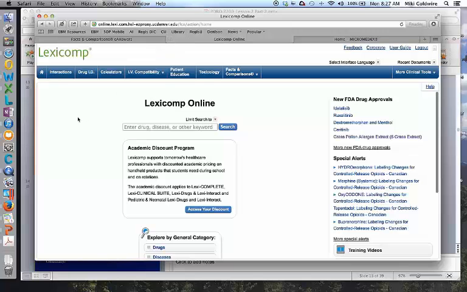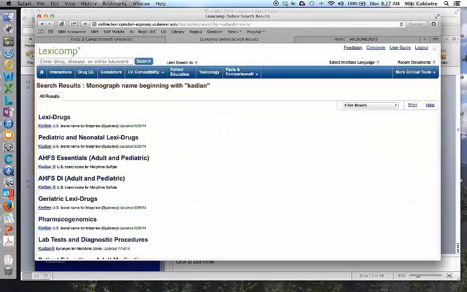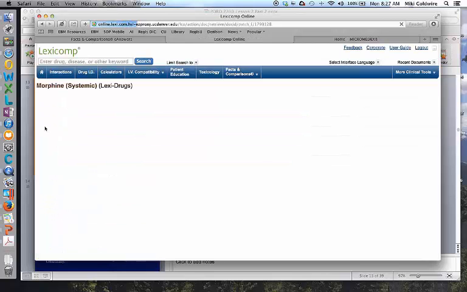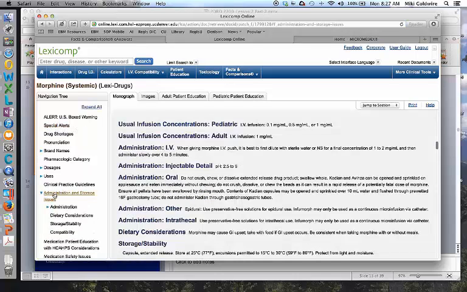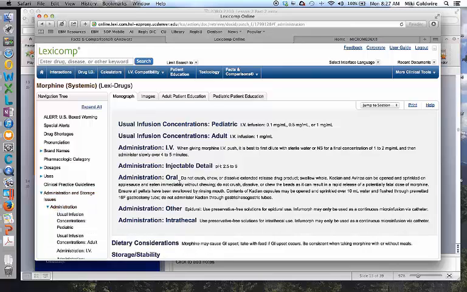Well, let's try LexiComp for this question. So again, I would type in Cadian and bring it up in Lexi Drugs. And I would go down here to Administration and Storage Issues. And then under Administration, I can see that it says, do not crush, chew, or dissolve extended release drug product, swallow whole.